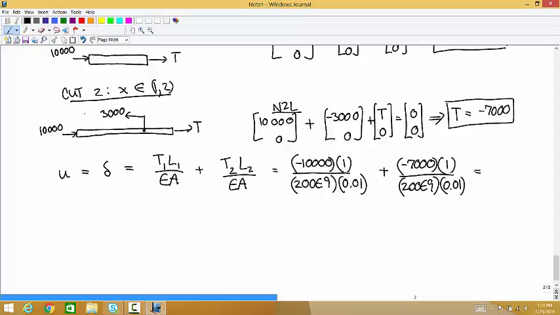And you get a total value of negative 8.3 times 10 to the minus 6 meters. So it shortens. That's what that negative sign tells you. A total of 8.5 microns.